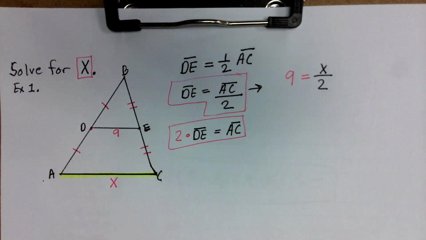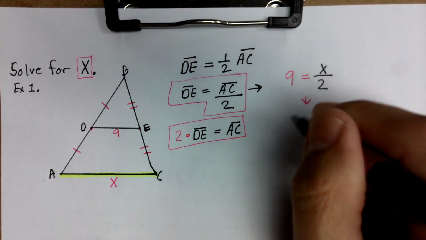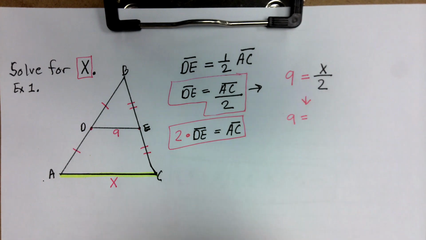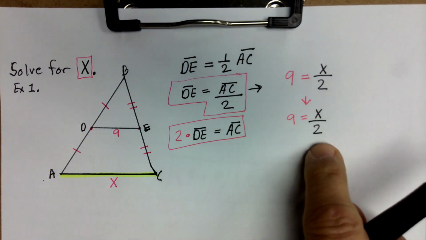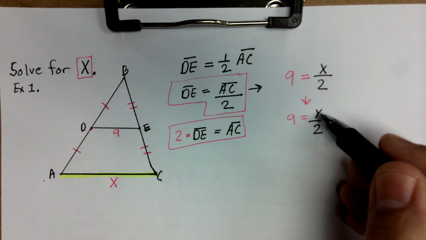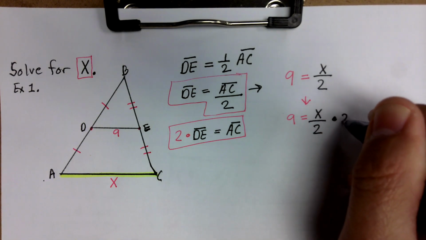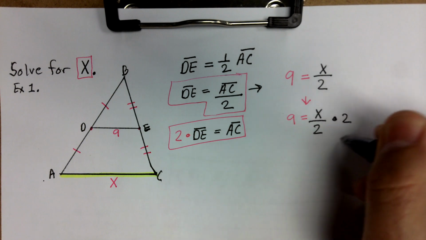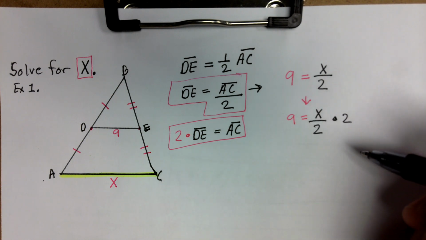And so if I wanted to solve this, I would use inverse operations. My first step, I'm going to rewrite it because I'm going to change some things, right? That's just how I set up the problem. My first step is I want to get rid of this 2 in the denominator. Notice this is x being divided by 2, so I do the opposite of dividing x by 2, which is multiplying x by 2. Now, if I multiply the right side of the equation, remember when in algebra when you did equations, you always got to keep it balanced.